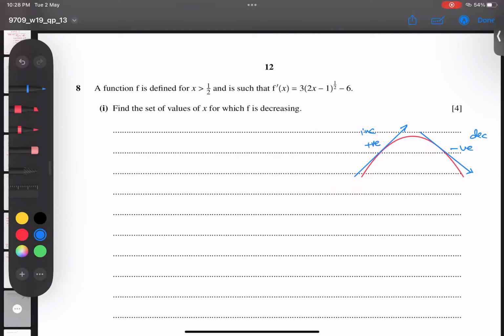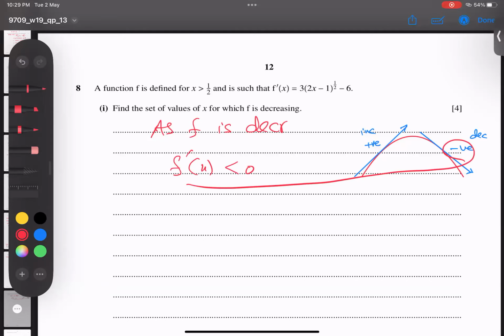In this question, he is not asking us, he has given us that the function is decreasing. So as the function is decreasing, the derivative, or f dash, should be less than 0. I mean negative. I hope you got the point very clearly.